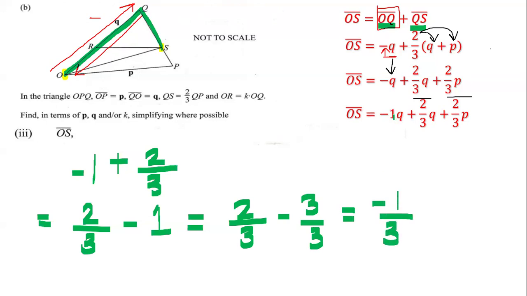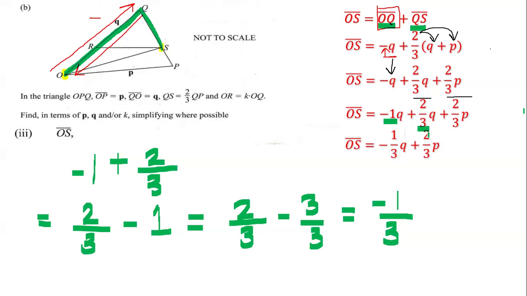And so that means that -1 plus 2 over 3 is actually equal to -1 over 3. And so -1Q plus 2 over 3Q is equal to -1 over 3Q.